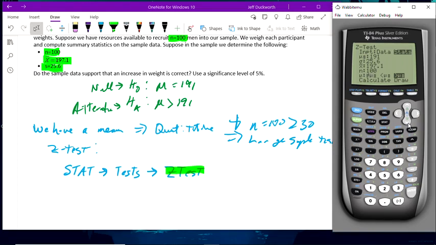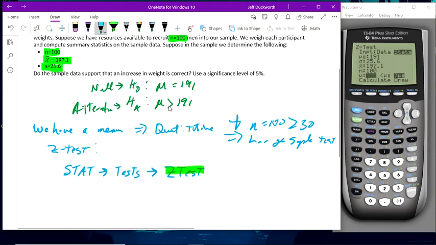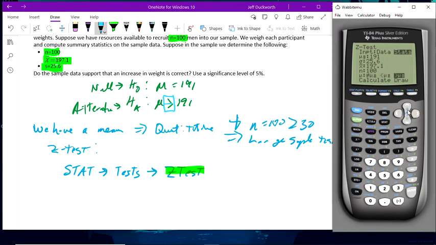Well, we're looking at greater than, so the arrow points to the right, so we're going to choose the greater than option, which is actually already chosen. So that's the test we're going to run. We're going to get a completely different p-value if we don't choose that one. So let's go to calculate, and we'll write down some stuff that we have.